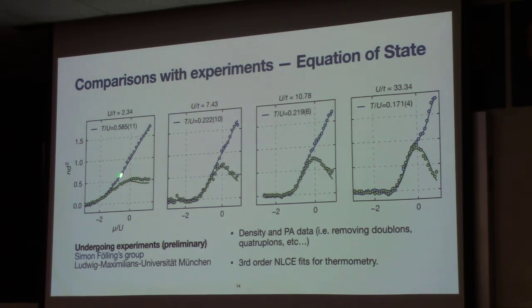So in blue we have the density, and in green we have something that measures the number of occupancies on a given site, so either if they have 2 or 3 or 4 atoms on a single site. And I think as you can see there's pretty good agreement between the theory and the experiment.